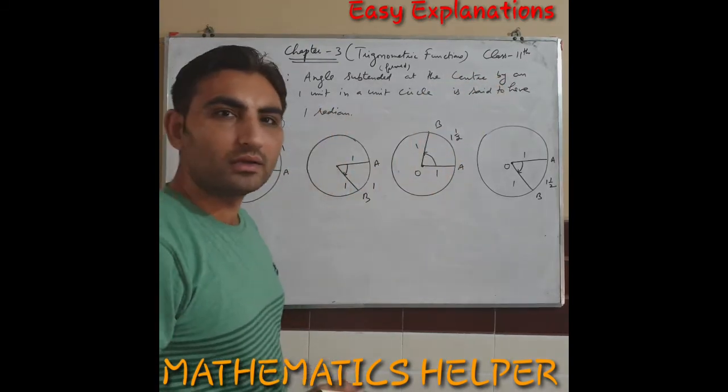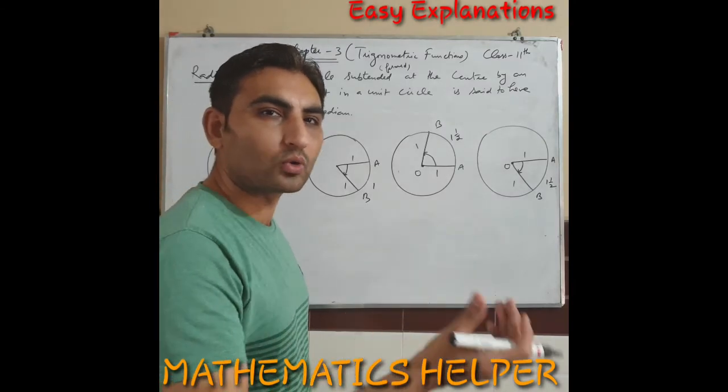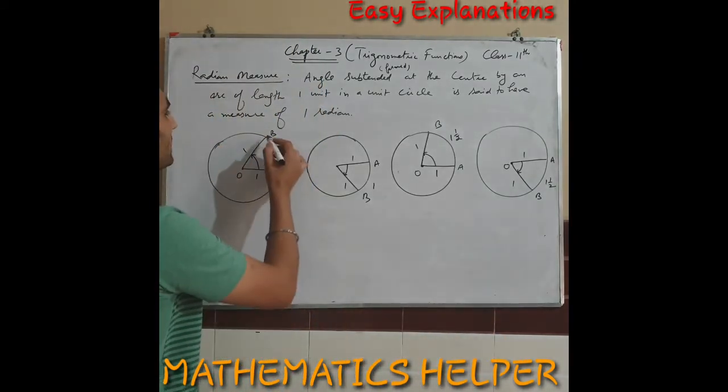What do you mean by arc? Arc is a part of the circumference, meaning some part of the circumference of a circle.